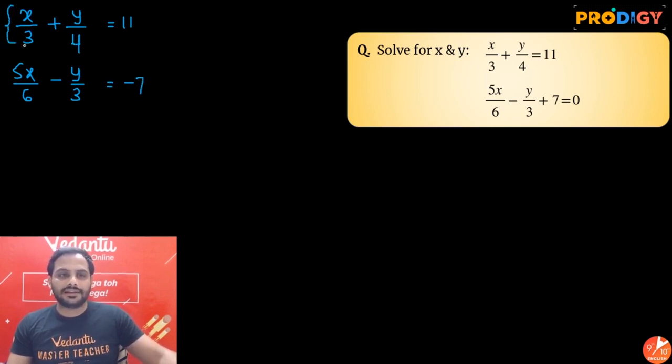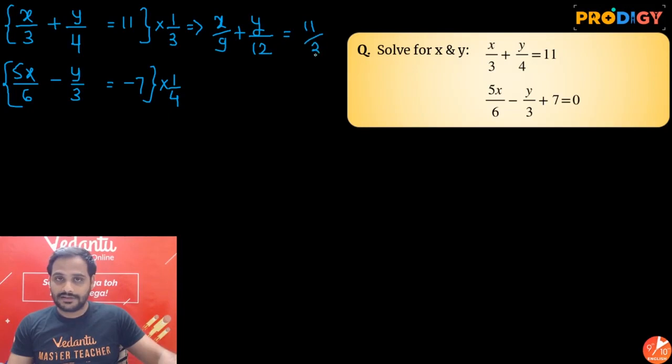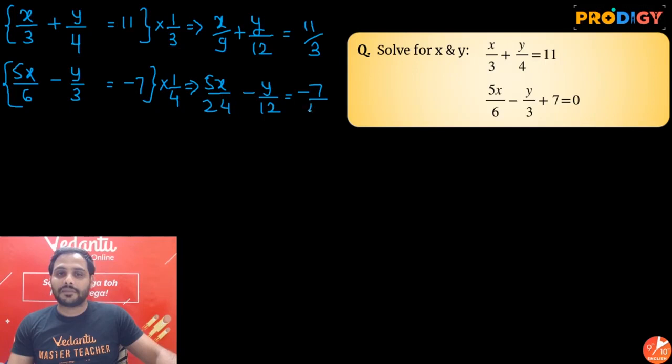Now what I did, you can either take the LCM and remove the fractional part, but what I'm saying, y by 4, y by 3, so I'll multiply the first equation with 1 by 3, and here I'll multiply with 1 by 4, so that everything is done. Here I'll get x by 9 plus y by 12 is equal to 11 by 3, and here I have 5x by 24 minus y by 12 is equal to minus 7 by 4.